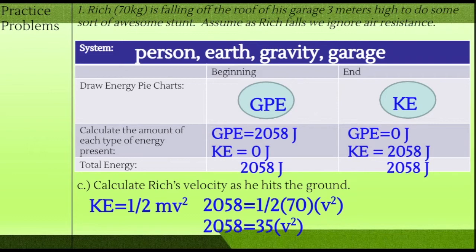So we can simplify by multiplying 1/2 times 70, we get 35, and then we'll get v by itself by dividing 2058 by 35. Once we do that, we're left with 58.8 equals v squared. Square root both sides, and we find out that the velocity of Rich when he reaches the ground should be 7.67 meters per second.